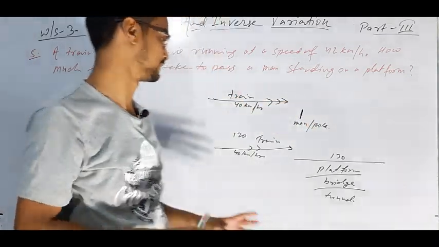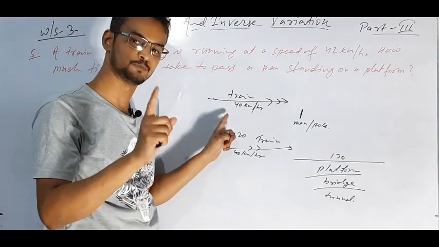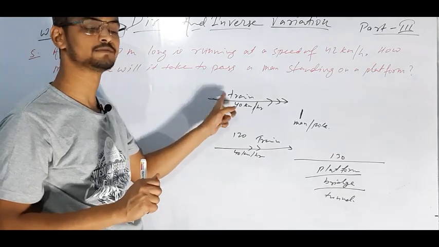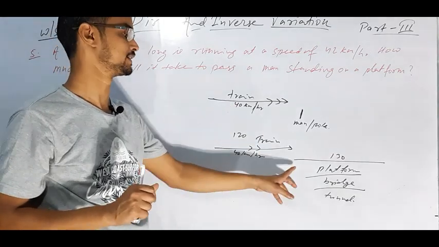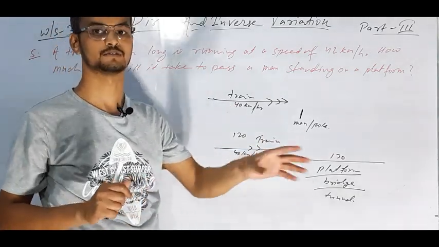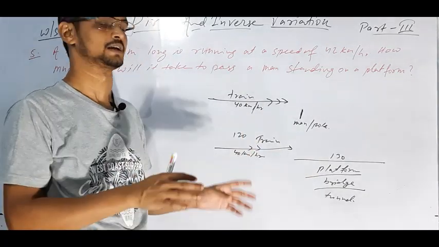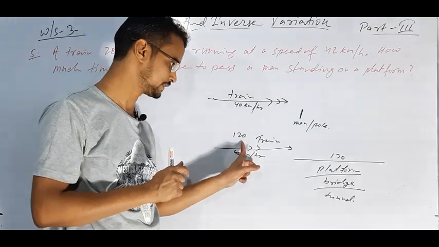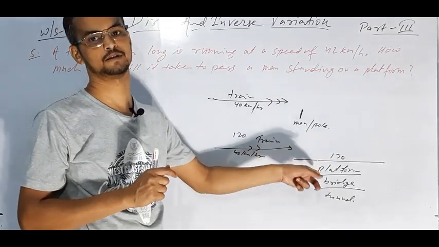Clear? In the case of a man or a pole, the distance traveled is just the length of the train, and in case of a platform, bridge, tunnel or whatever which has a given length, the distance traveled is the sum of the length of the train and the length of the platform.